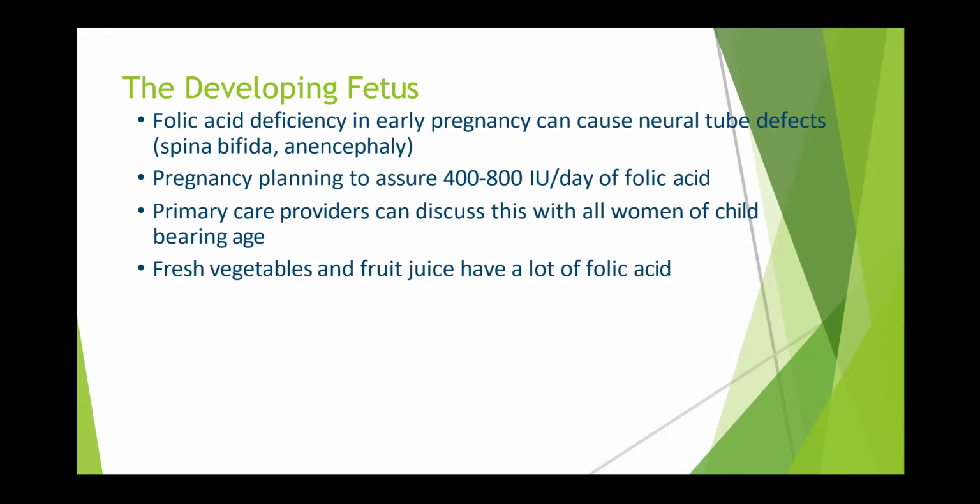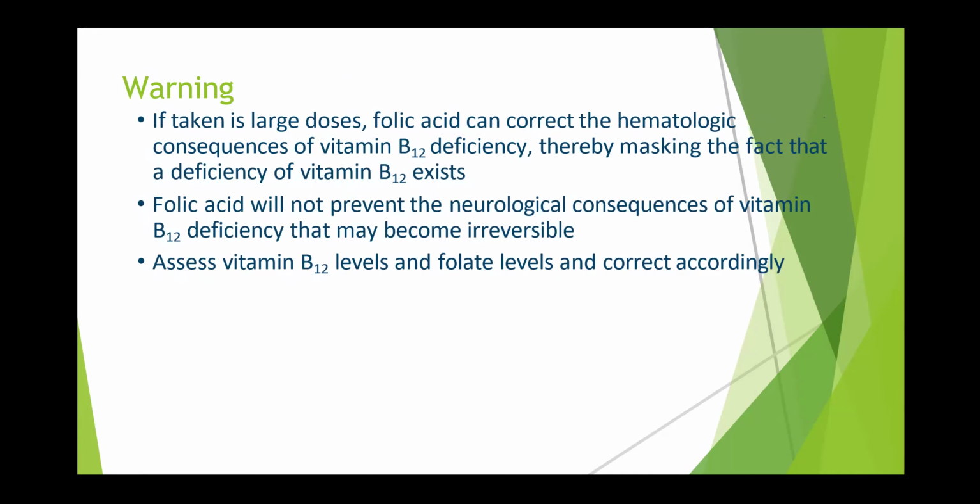Anencephaly is without a brain. If you're planning to become pregnant, you want to make sure you're getting 400 to 800 IUs a day of folic acid. Usually the primary care provider or the OBGYN discusses this with women of childbearing age. Fresh vegetables and fruit juice have a lot of folic acid, so they're good for you.